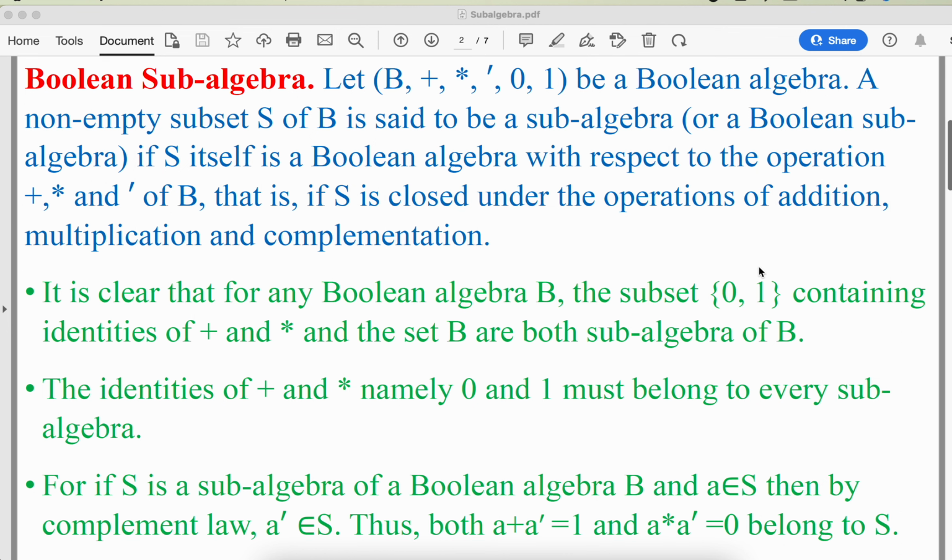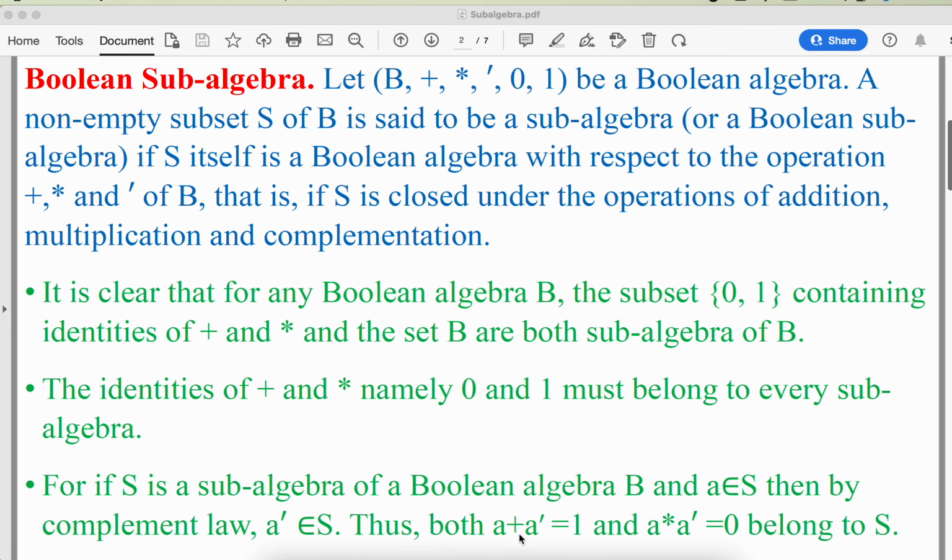Also, the identities of addition and multiplication, which are 0 and 1, must belong to every subalgebra. Because if S is a subalgebra of Boolean algebra B and A belongs to S, then A dash also belongs to S because it is closed with respect to complementation.